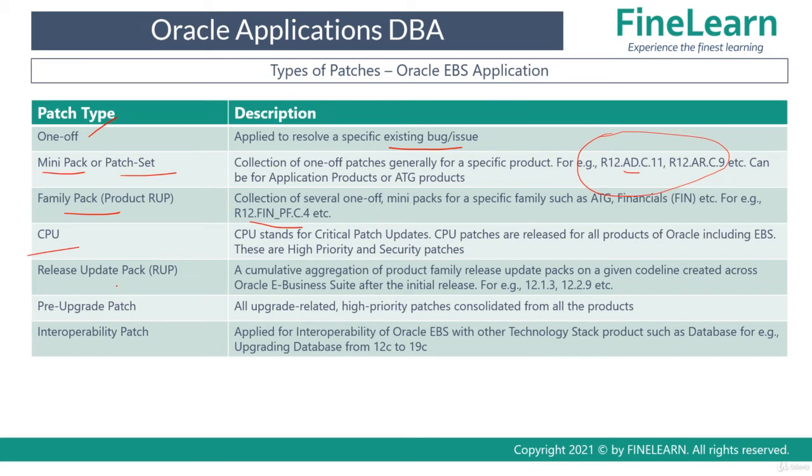There is something called release update pack or RUP. The release update patches basically update your version in the same release. For example, I am on, let's say, 12.2.5, and if Oracle releases 12.2.10, that is a release update patch. Similarly, if I'm on 12.1.1, I can apply the 12.1.3 release update patch.